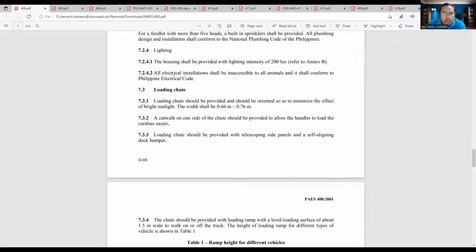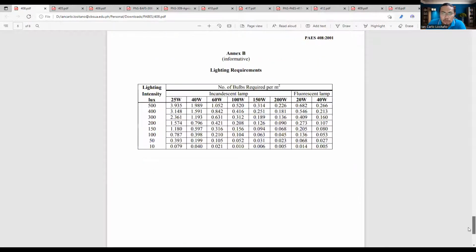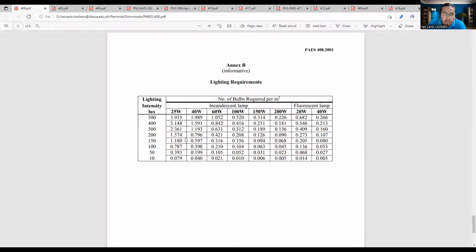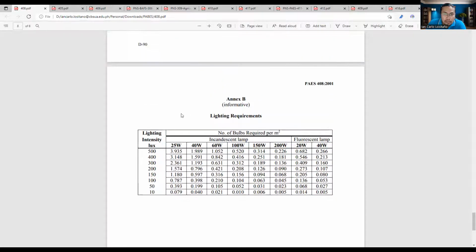So the housing lighting intensity should be 200 lux. This depends on the bulb. Please do take note of these requirements if ever.